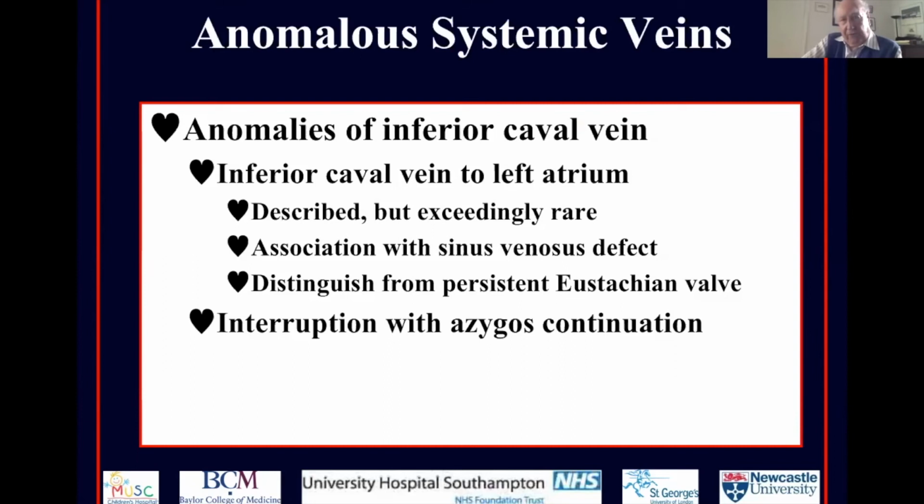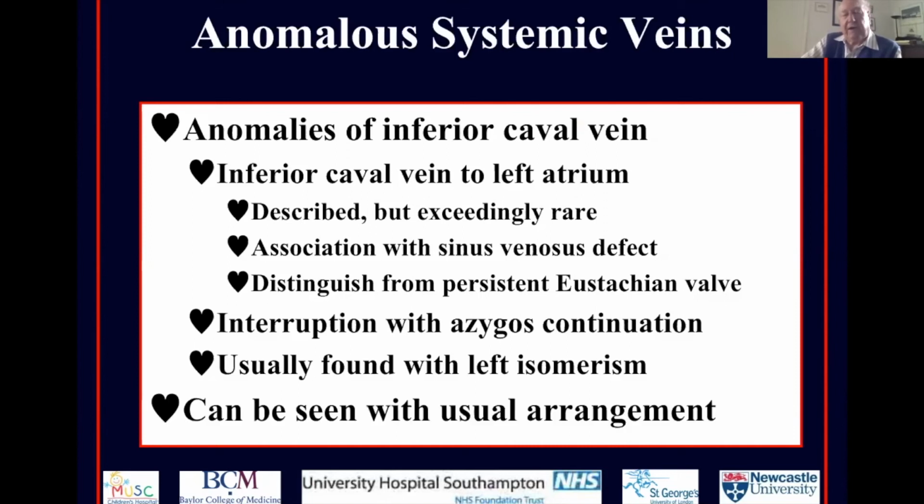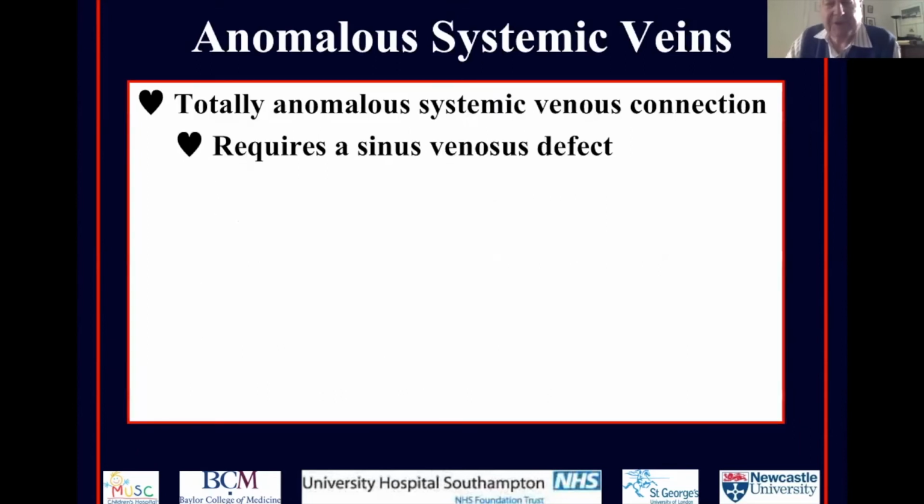But much more frequent is to find anomalies of the inferior caval vein when it is interrupted with azygous continuation. And here again, you must make sure you're dealing with usual atrial arrangement, because the frequent association between azygous continuation is with left isomerism. But it can be seen with usual arrangement.